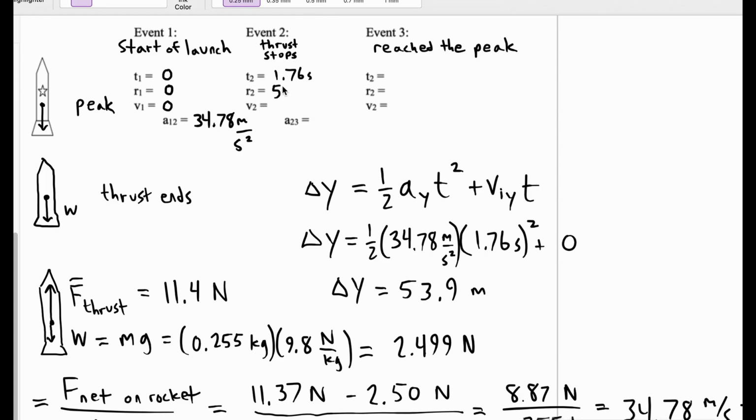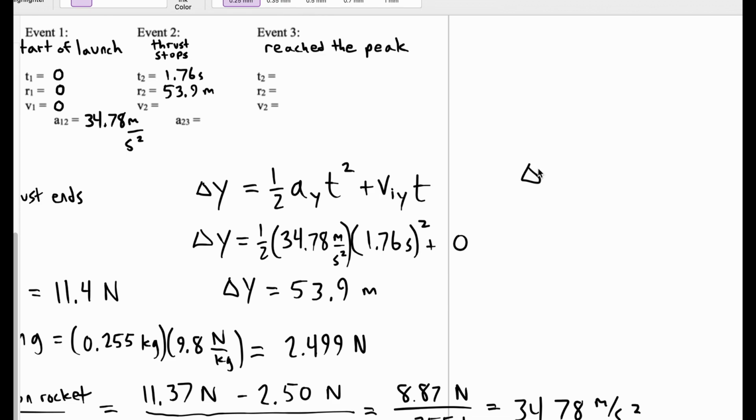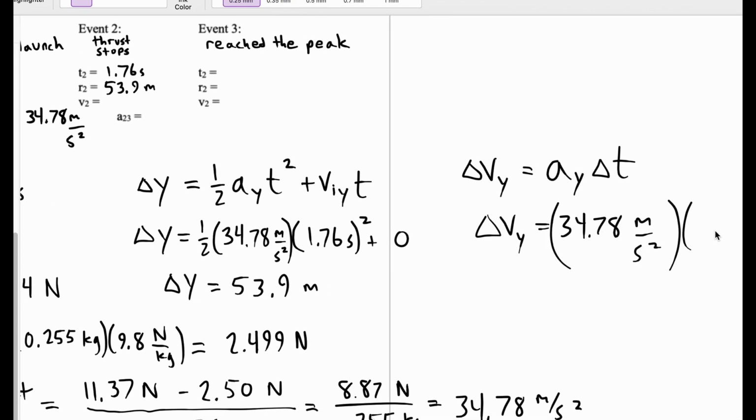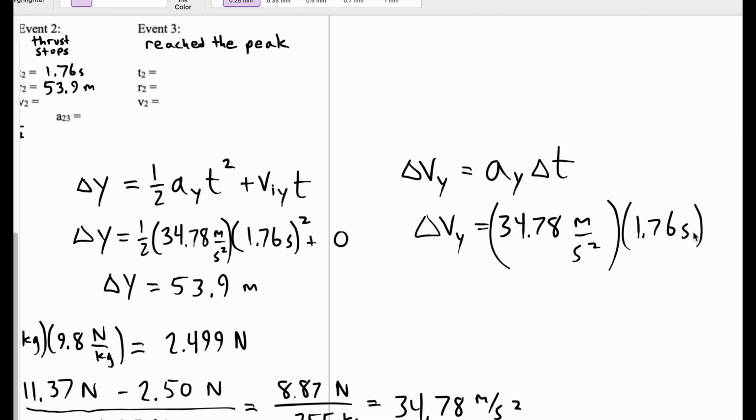All right, so we can put that in here. For our final velocity, we could use the formula delta V equals A times delta T. We know the acceleration here. It's 34.78. It lasts for 1.76 seconds, so our delta V would be 61.2 meters per second.